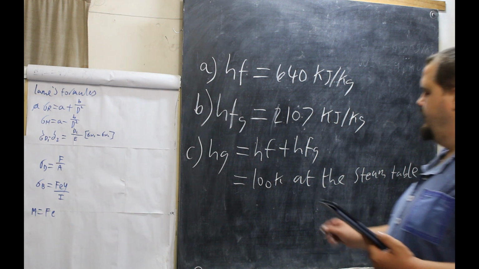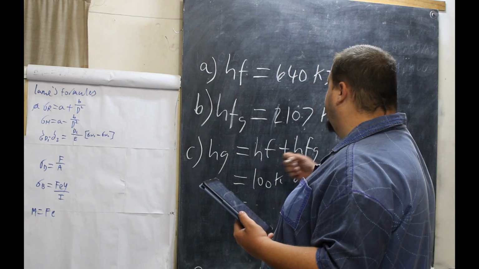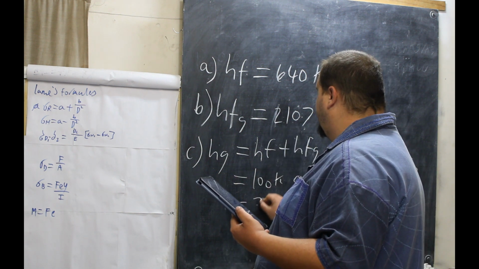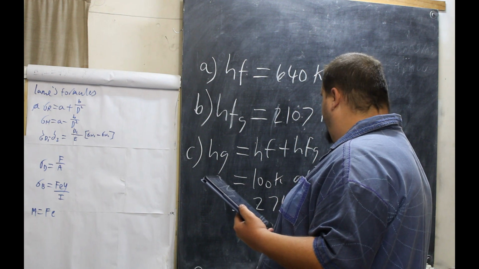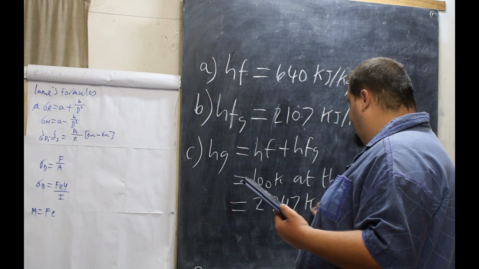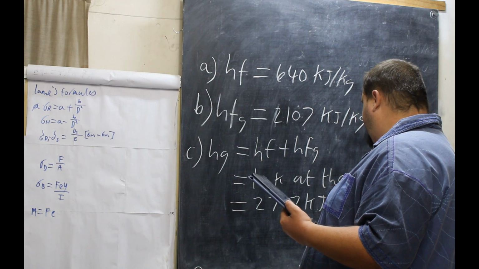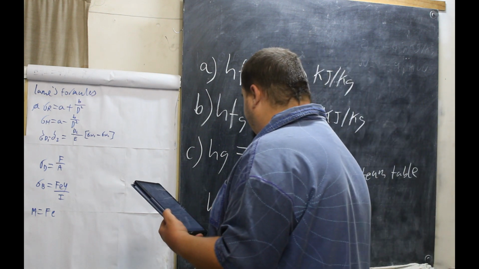But in any case, we add these two together and we have 2747 kilojoules per kg, which is Hg.